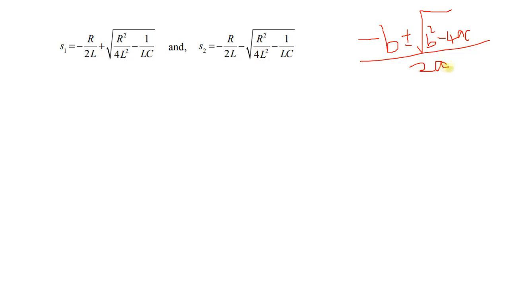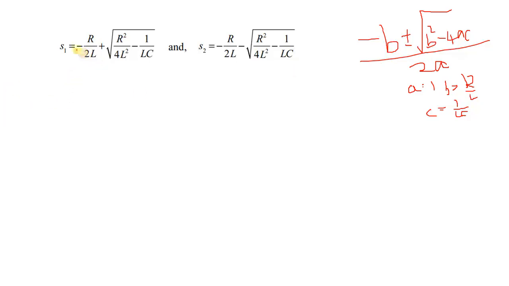In this previous equation a equals 1, b equals R divided by L, and c equals 1 divided by LC. So these are the values. Now you substitute these values in the corresponding equation. It looks like this.